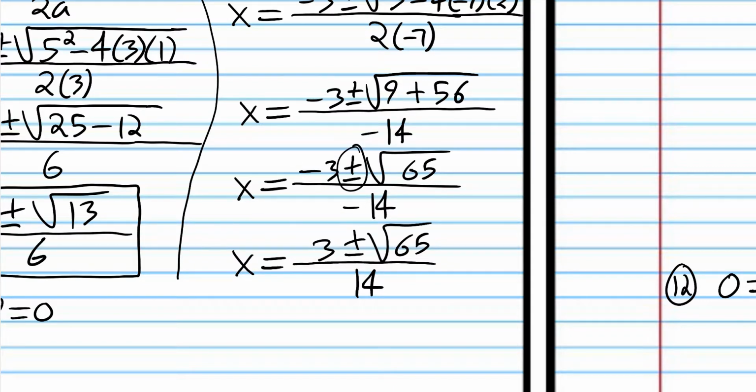Well, this is a plus or minus, so if you multiply it by a negative 1, it doesn't change. It's still a plus or minus. If this is plus and you multiply by a negative, then it changes to negative. But if it's a negative and you multiply it by a negative, it changes to a positive. But it's still either plus or minus, so it doesn't really do anything. So if you look at a textbook and you see this answer written like so, just understand that that's the reason for that.